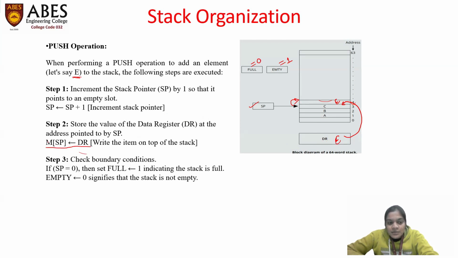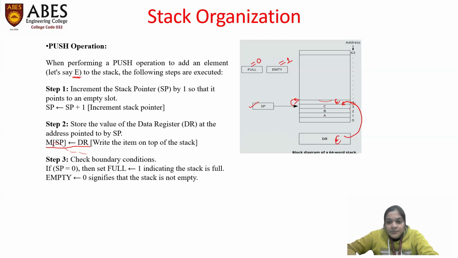This means that the memory space denoted by the stack pointer will store the data which is currently available in the data register. We are transferring the data from the data register to the memory location denoted by the stack pointer. That is why this instruction is written over here.